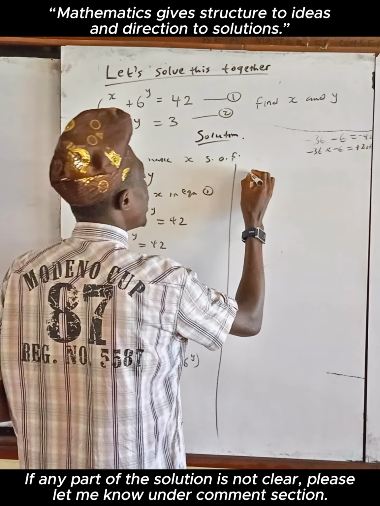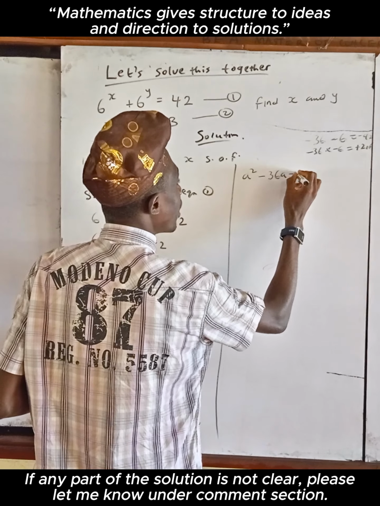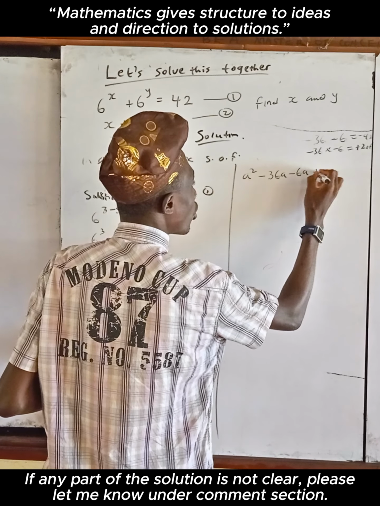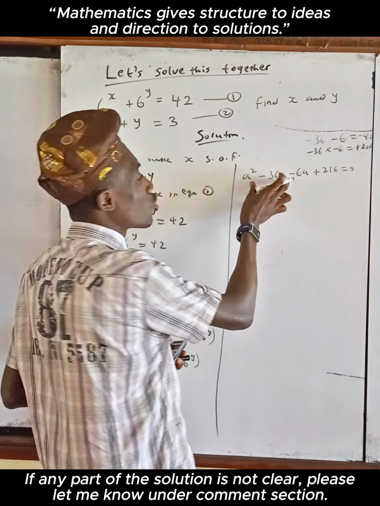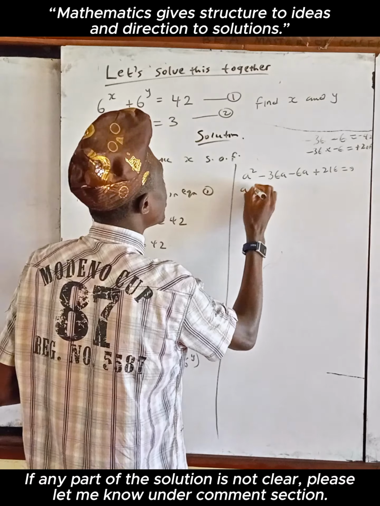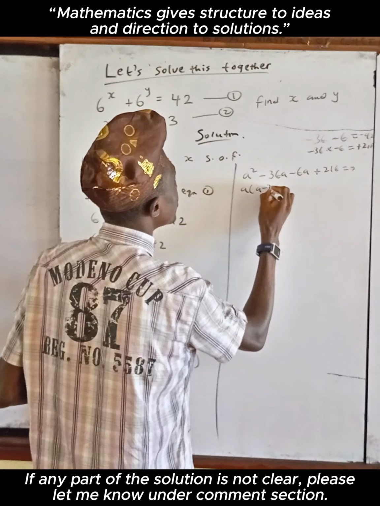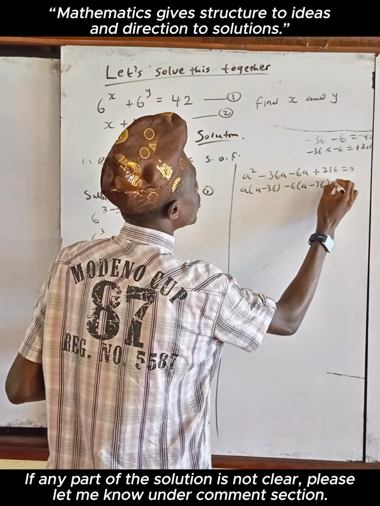From this place, we have a squared minus 36a, then minus 6a, plus 216 is equal to 0. Group this into two different parts. So we have a into a minus 36, minus 6 into a minus 36, is equal to 0.